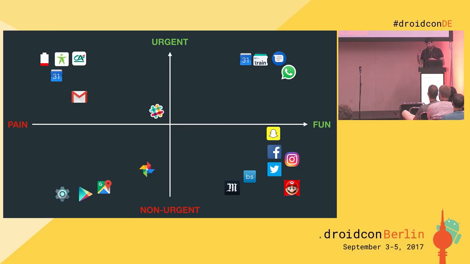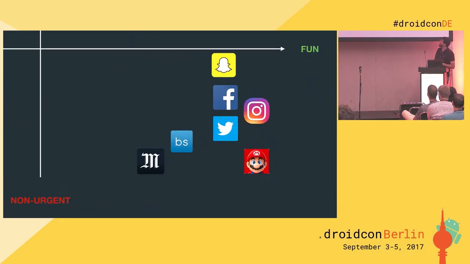Then you have what is fun, but non-urgent. Here we'll find the news, TV shows, games, and we also have social networks. And as you may notice, I put Snapchat first on the chart because even if this is a social network, they created this urgency by their concept.